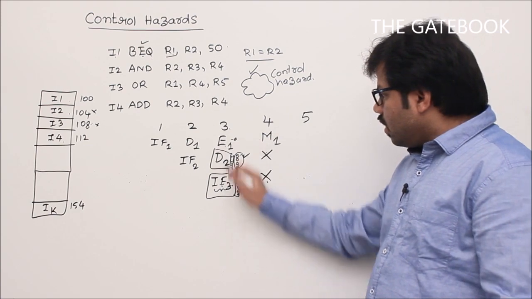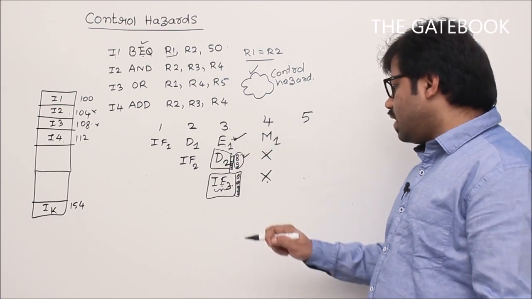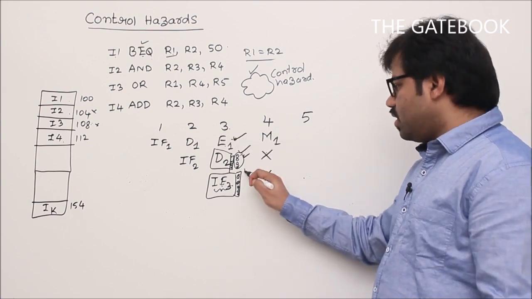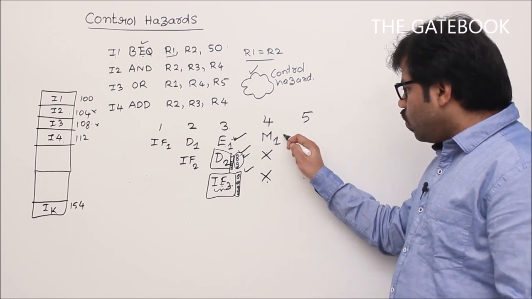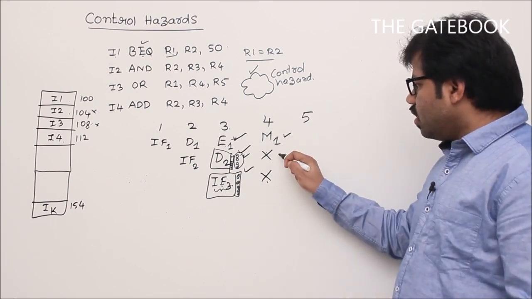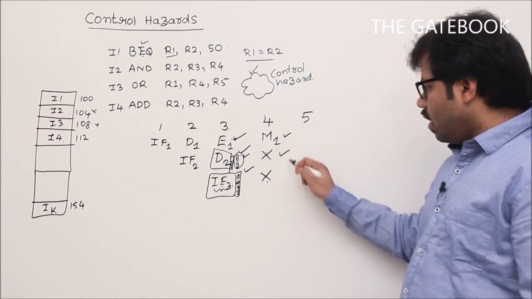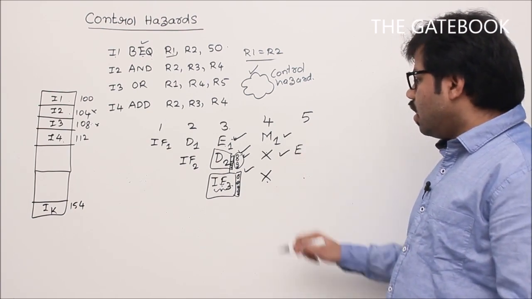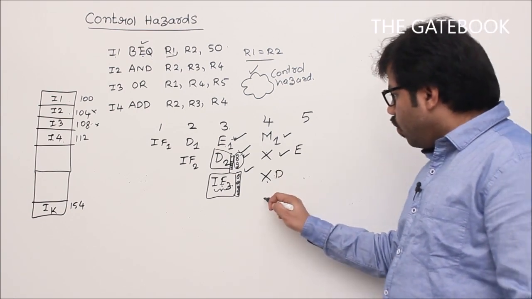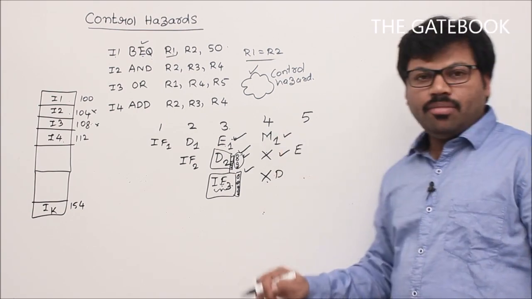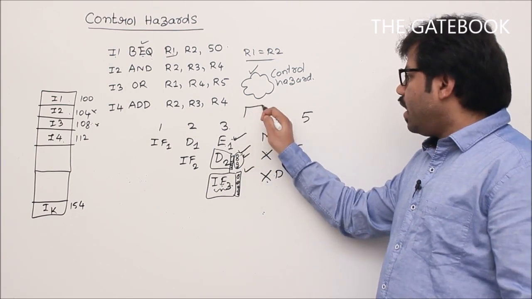Now, sir, in the 3rd clock cycle, you have shown the execution stage, decode stage, fetch stage. We understood. In the 4th clock cycle, you have shown us only the memory stage, decode stage, execution stage, and fetch. Decode stage. What about the fetch stage? In the 4th clock cycle, by that time we can update the program counter.